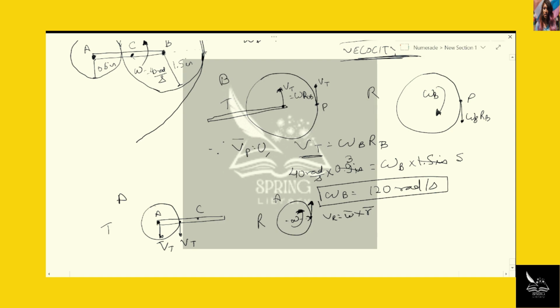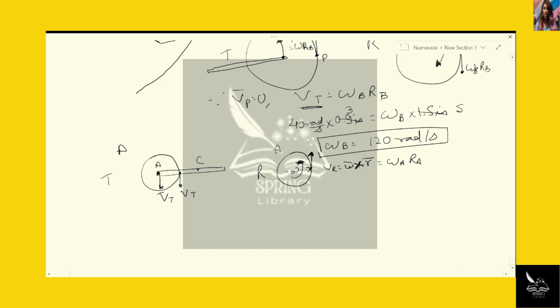Okay, so omega cross r is just going to be omega A times Ra. And again, since at the point of contact the net velocity is 0, Vt is going to equal Vr. So Vt is going to be omega times Rac, the distance between A and C, and Vr is going to be omega A, which we don't know, times the radius of A, which is 0.6 inches.